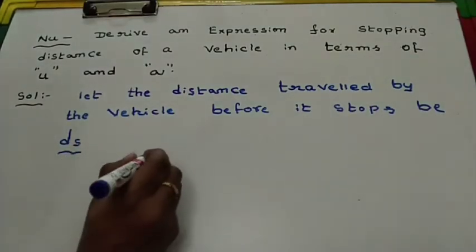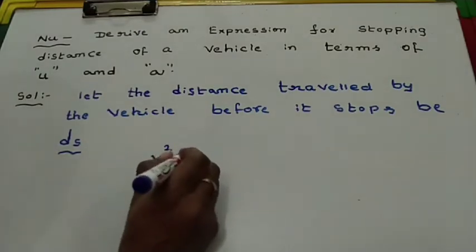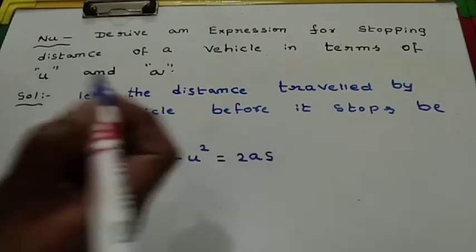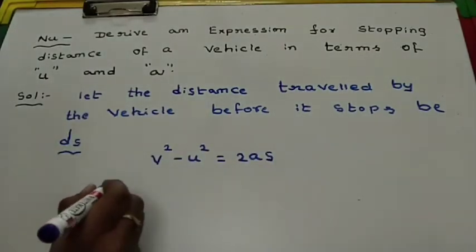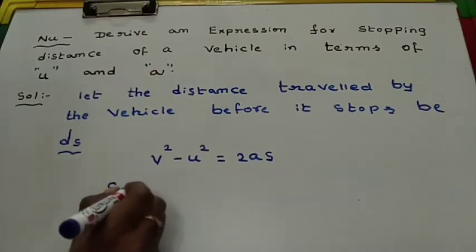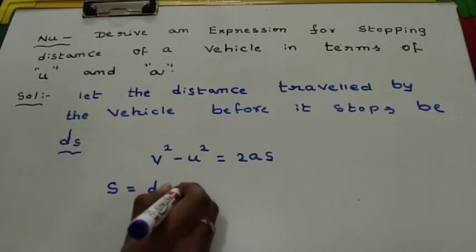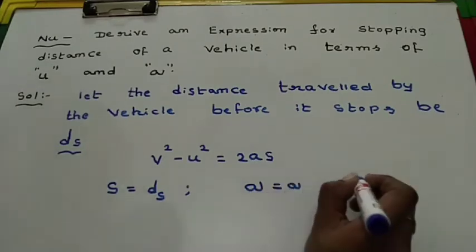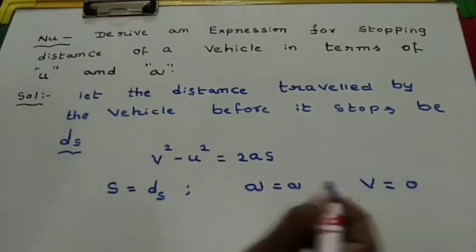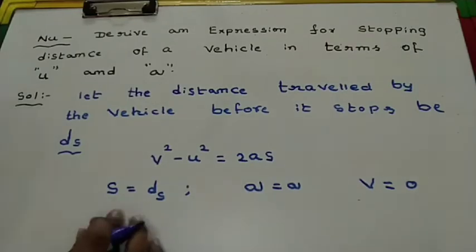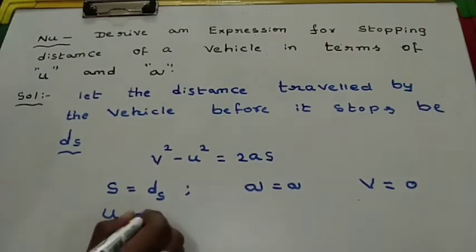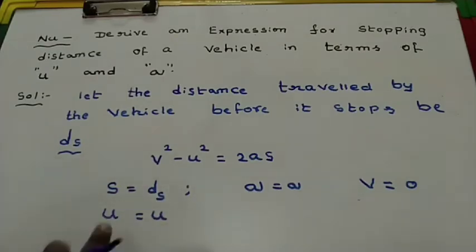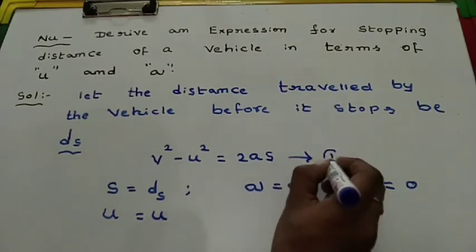We know that v square minus u square is equal to 2as. Here s is equal to ds, the stopping distance, and acceleration a is equal to a only. The final velocity v is equal to 0. Initial velocity u is equal to u. Now, substitute these physical quantities in equation number 1.